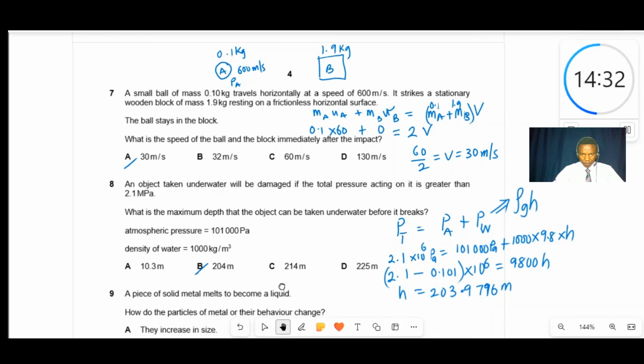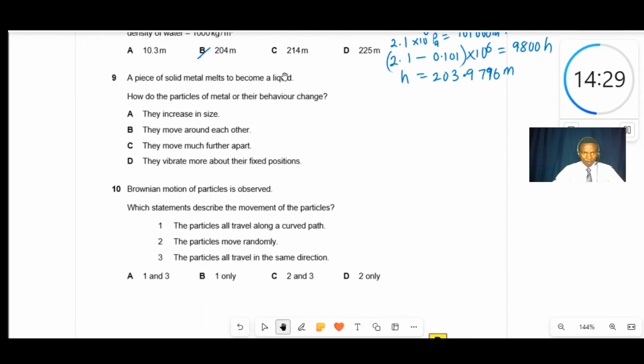So let's look at question 9. A piece of solid metal melts to become a liquid. How do the particles of the metal, or their behavior, alter? In a solid, the particles of metal are closely packed and they vibrate in one location.